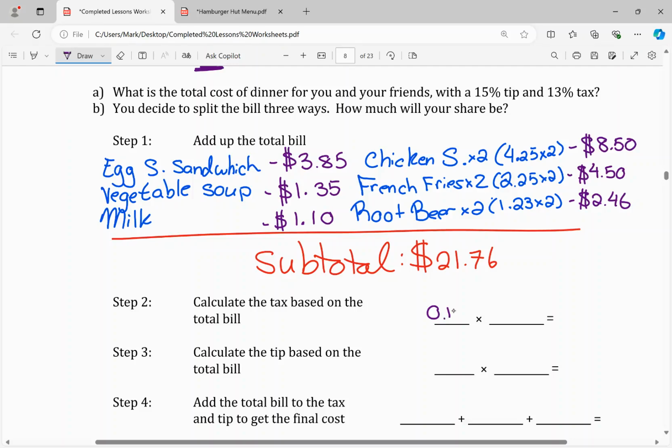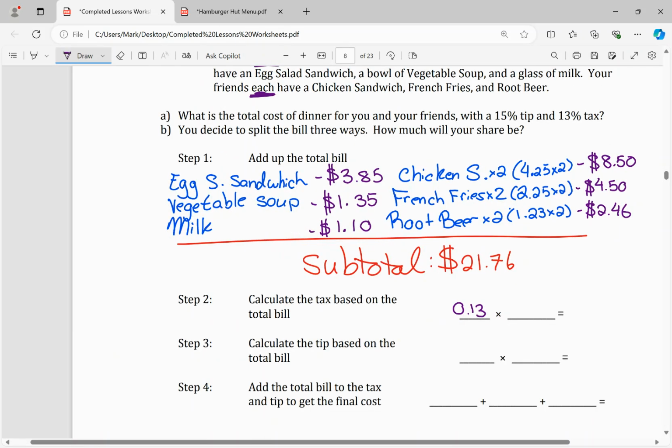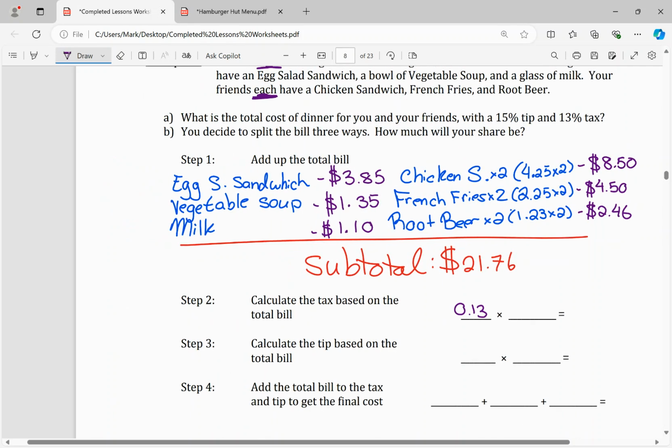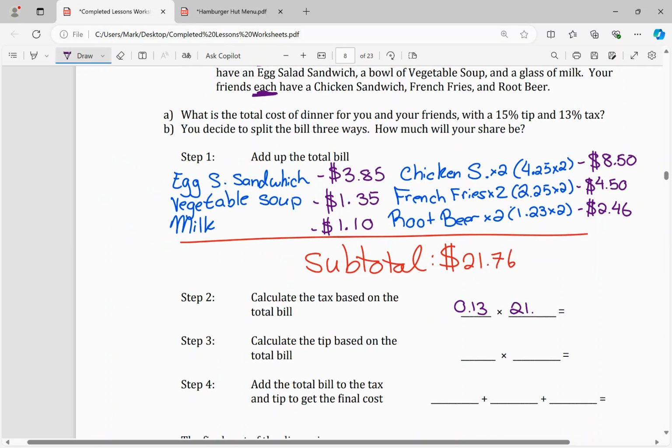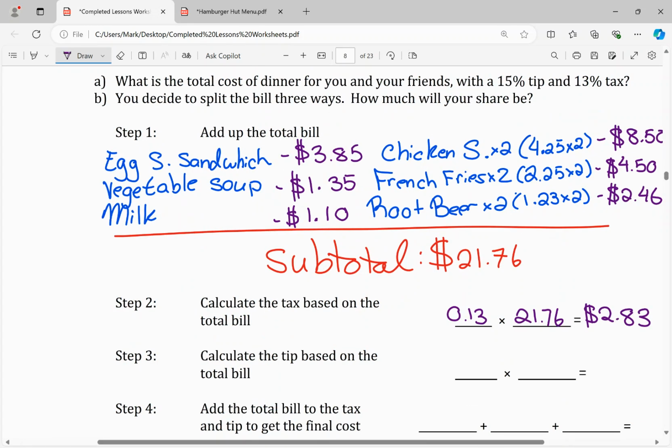Tax is 0.13, 13%, and 13% of 21.76 is, let me use my calculator, $2.83. Now, I did round to get that, so make sure that you're doing the same, rounding to the nearest cent.